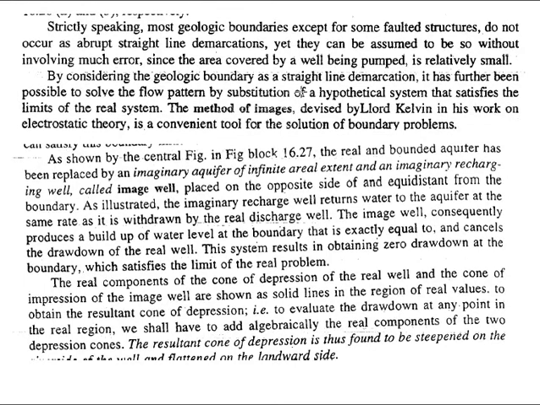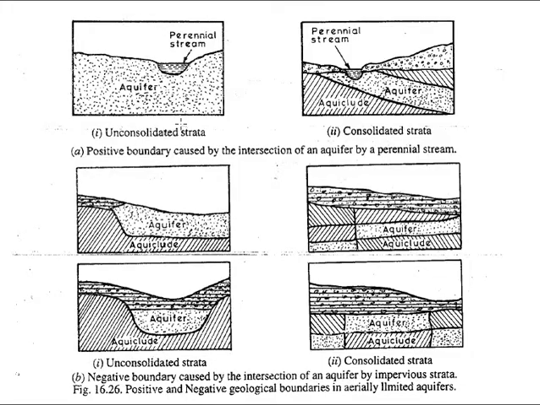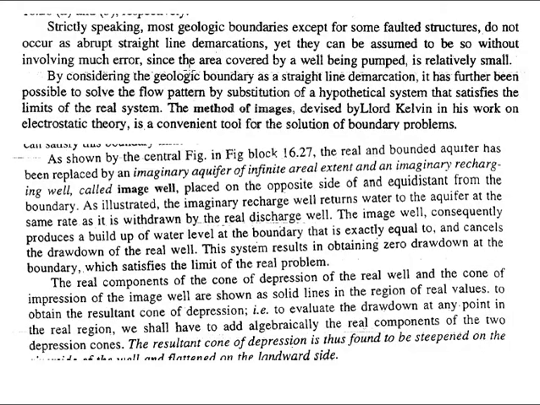Most of the geological boundaries that we see are not a straight line, but the kind of study that we do is limited to a small part of the area. That's why we can use the assumption that it is a straight line. But if we study on a very large scale, we find that this assumption doesn't hold, because it is only valid for a relatively small area.